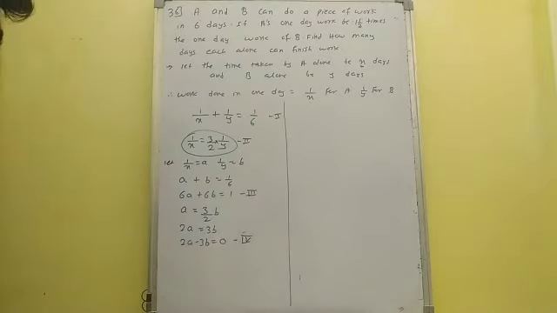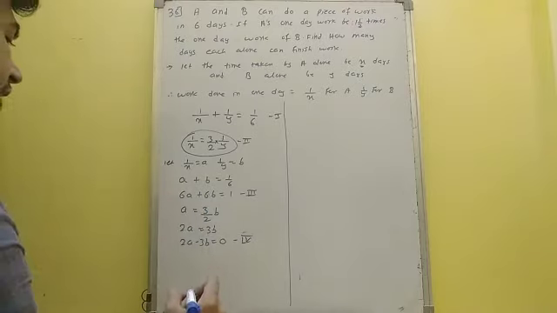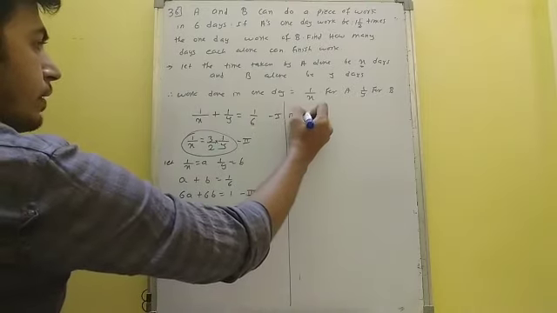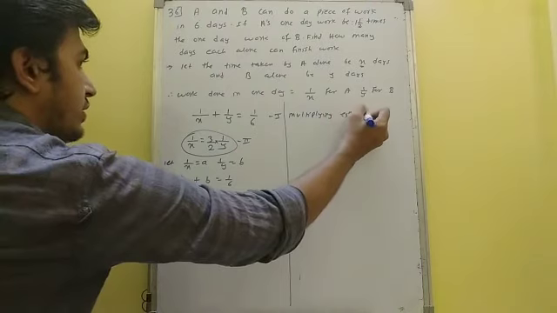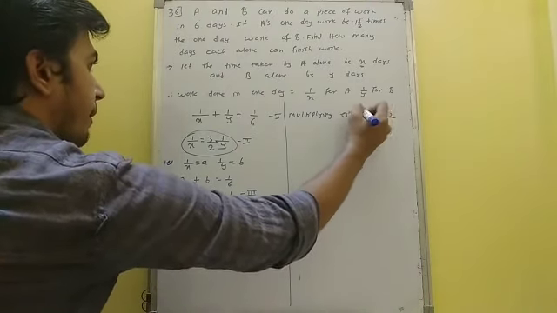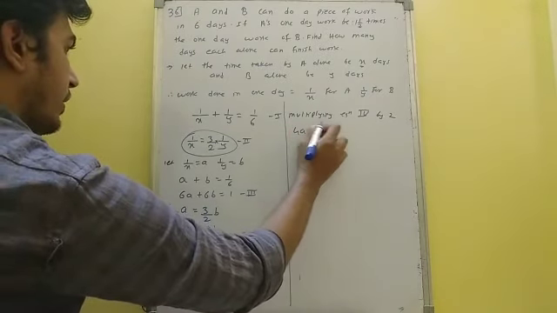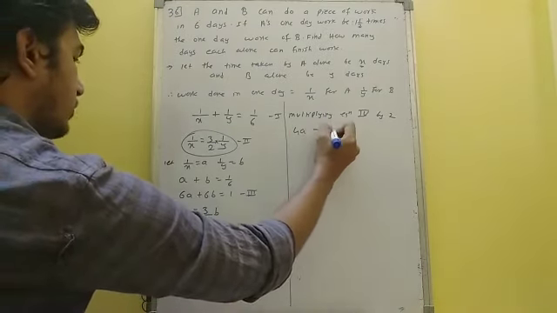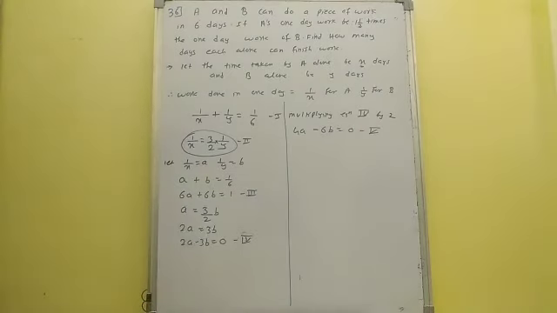So we will solve it. We have 6 over here, so we can easily bring 6. Multiplying equation 4 by 2, we have 4a minus 6b is equal to 0. This is a new equation, the fifth one.